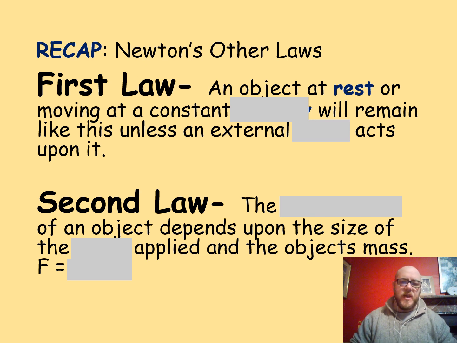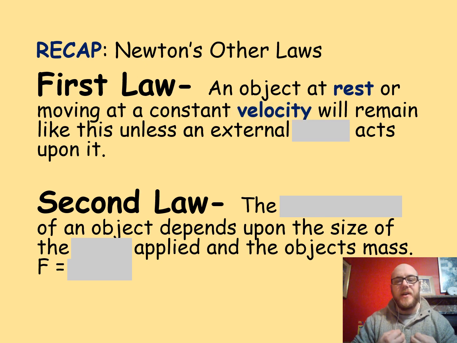But also, if I was moving at a constant speed, then the same thing would apply. So Newton's first law says an object at rest or moving at a constant velocity, remember velocity, not speed, will remain like this until an external force acts upon it.